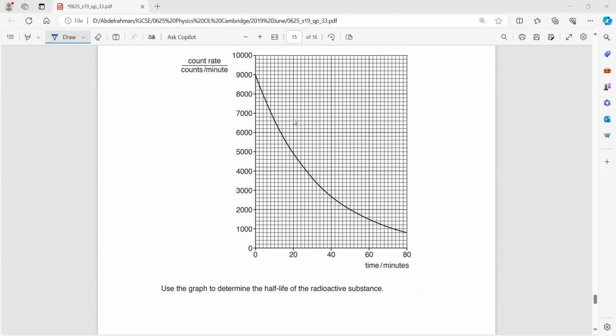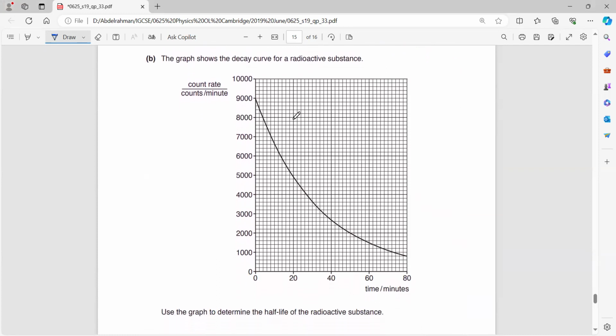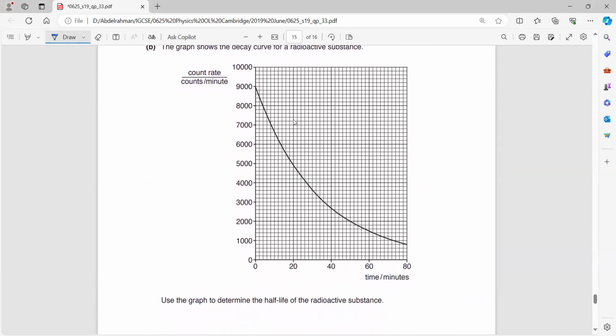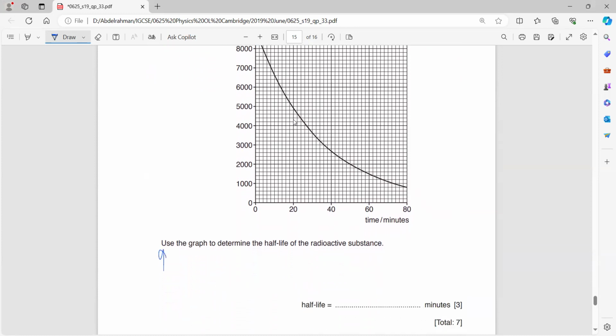Any ideas? Nothing at all? Half-life. Whenever we have a graph, what's the first step we must do? We take the initial radiation, the initial count, and divide it by 2. 9,000 divided by 2 will be 4,500.